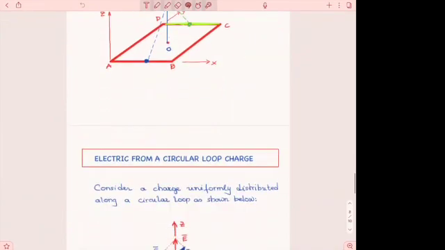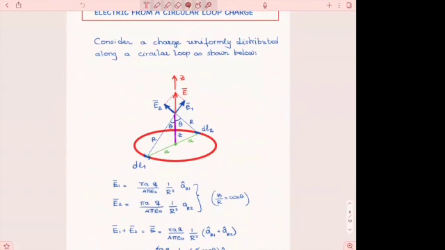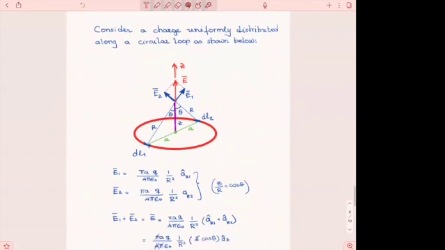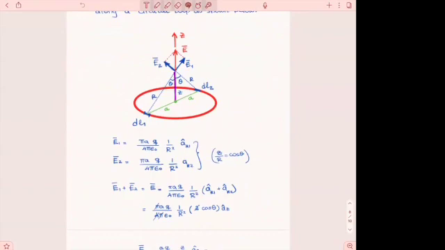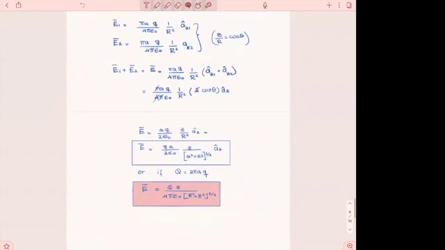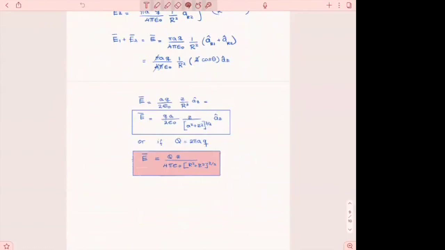Thinking of that, if I move from a perfect square to a circle, and I show here all of the derivations, all right? I take an infinitesimally short piece of the circle, and I write the field in terms of that, and then I integrate around the circle. And what I find is this expression here for the electric field, everywhere along the line that goes through the center of the circle.